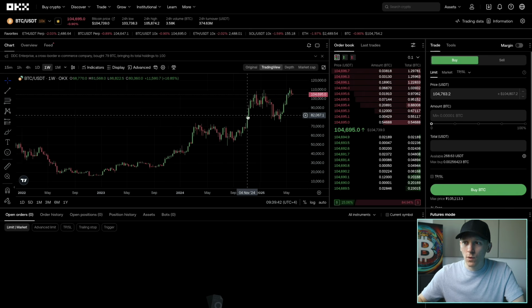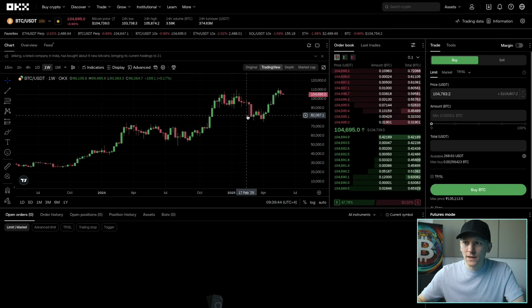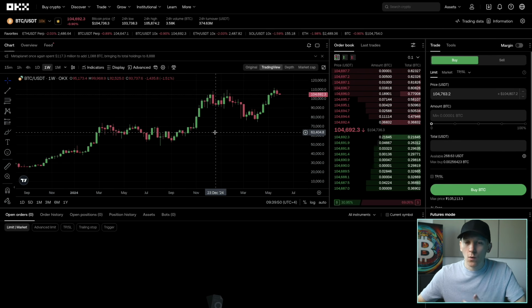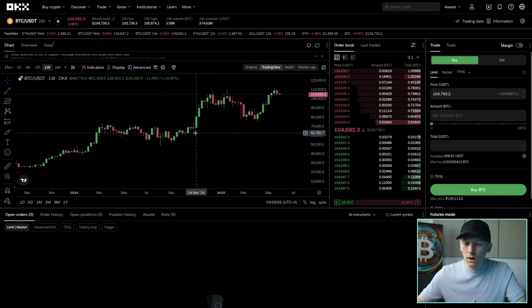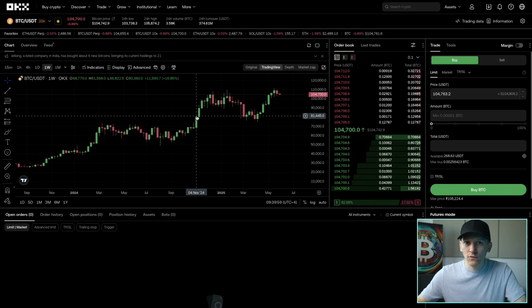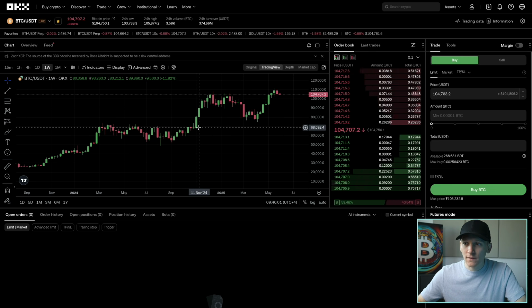So for right now, we're on the 1 week chart. And what that means is that each of these candlesticks represents 1 week in length, in time. And so during that week, what happens to the price? The candlestick shows us that. So how candlesticks work are, you open the time horizon at a certain price. So we'll take this green candlestick here. At this open, the price was 68,000.